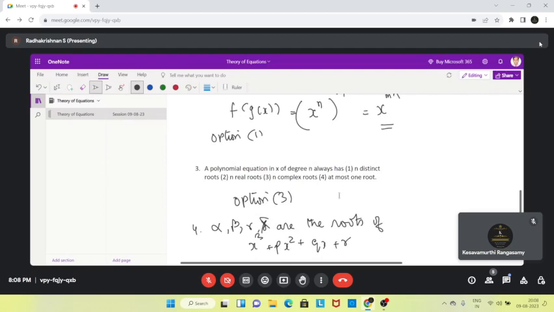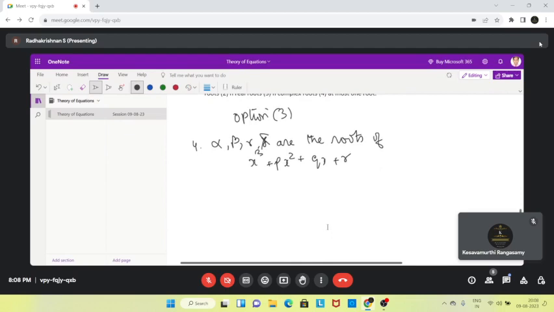Then the sum of 1 by alpha, that is 1 by alpha plus 1 by beta plus 1 by gamma, is what? So that is the question. How do you determine this?